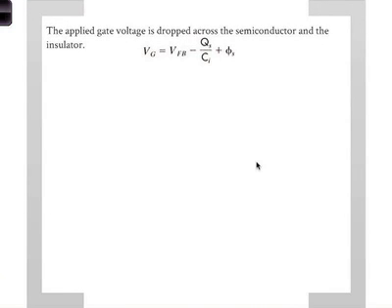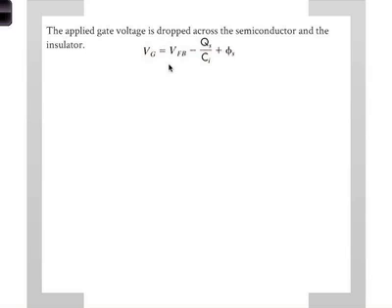First of all, we know, as we saw in the last class, that when the gate voltage is applied, some of the voltage is dropped across the oxide, and some of it is dropped across the semiconductor to do the band bending. We derived this last class. We have the surface potential, which is the band bending to create the strong inversion situation.